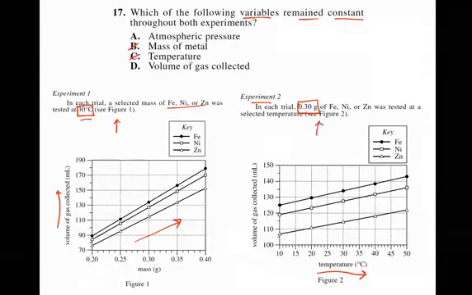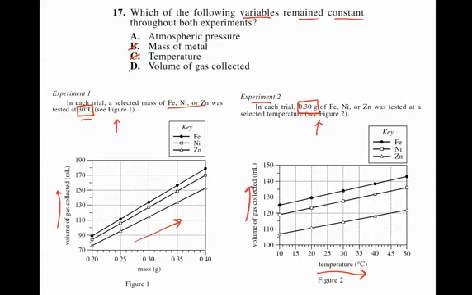So I can cross those off. And what else didn't remain constant? Well, look, the volume of gas in both experiments is changing. So that's also not the same constant in both. I don't see much here about atmospheric pressure. So that's probably a safe bet that that's the one that didn't change because they don't show any values changing.